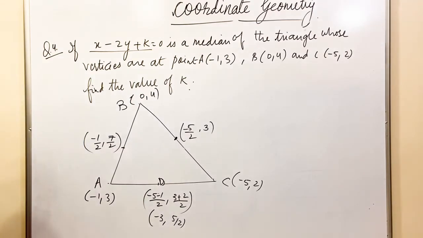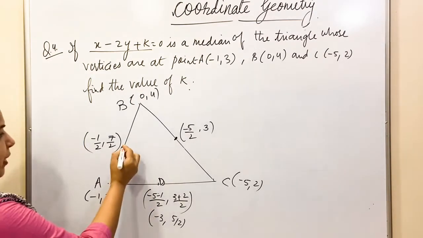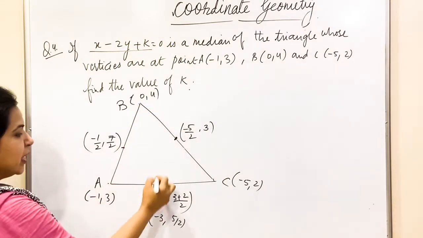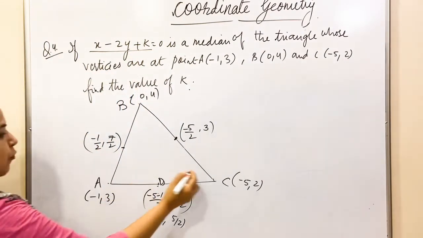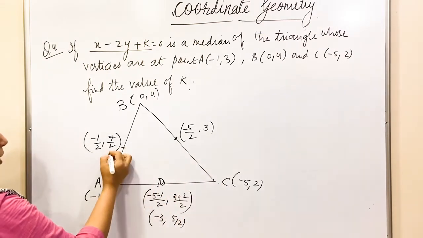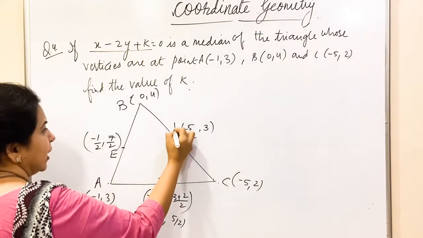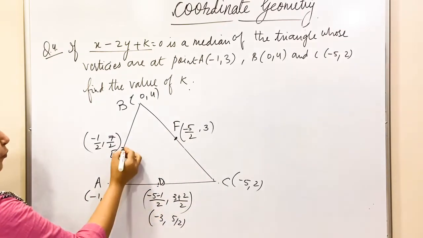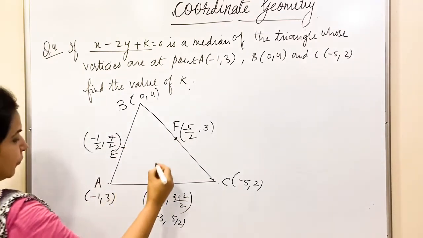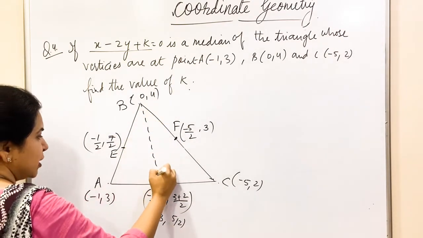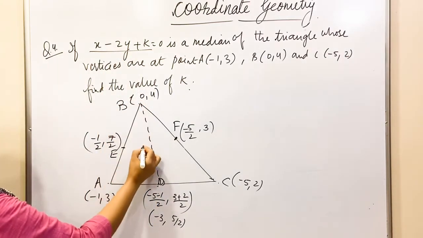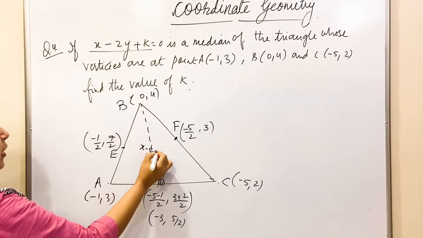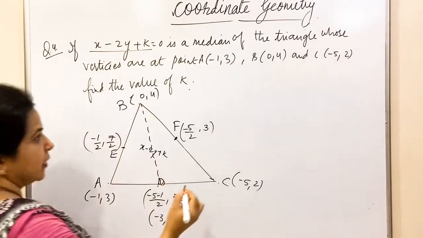So for both the points B, D, it must satisfy this equation, and for C, E and A, F. So we can see that for these 2 points, we are getting the same value of k. So this median is the BD median.